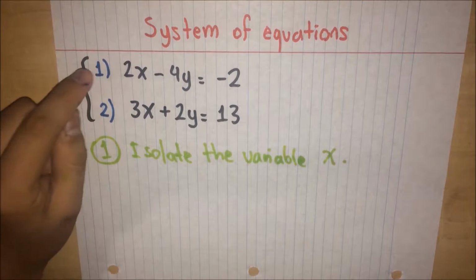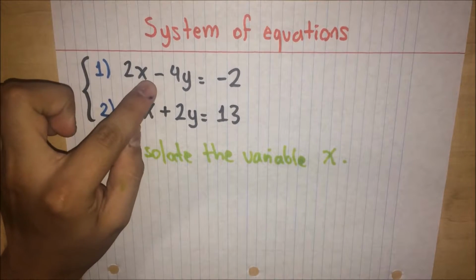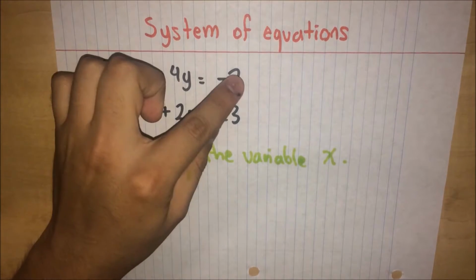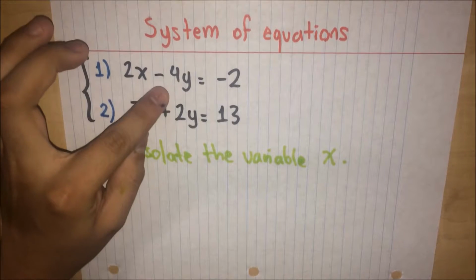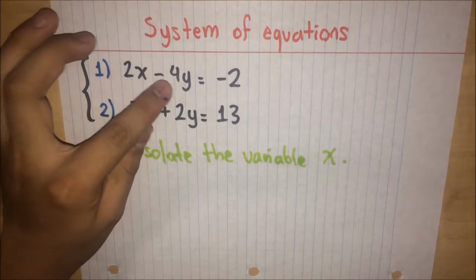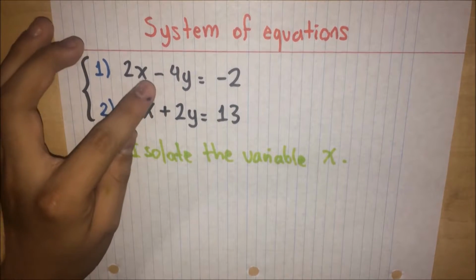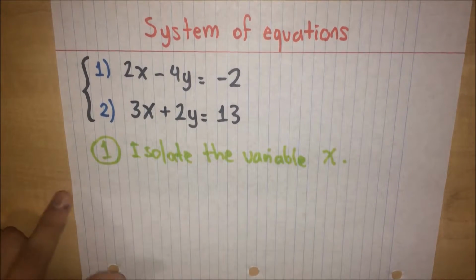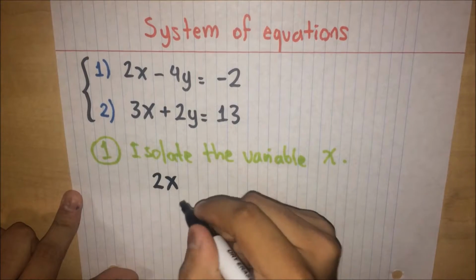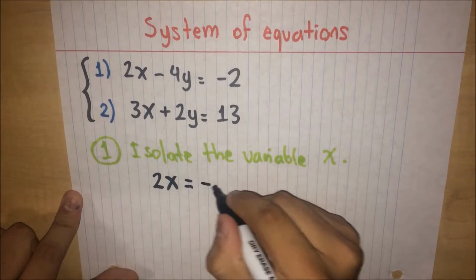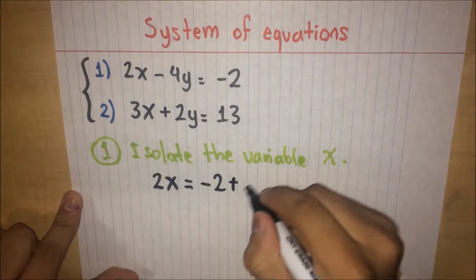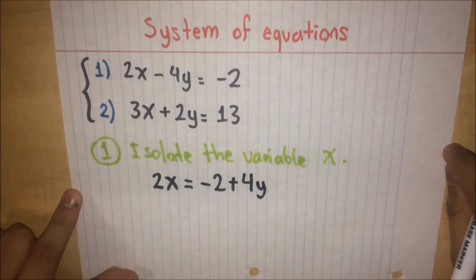For equation 1, the first thing we want to do is to move this minus 4 times y to the other side of the equation. So on this side of the equation, we have a minus 4 times y. If we want to move it to the other side, we are going to move it as a plus 4 times y. So this gives us that 2 times x is actually equal to minus 2 plus 4 times y.